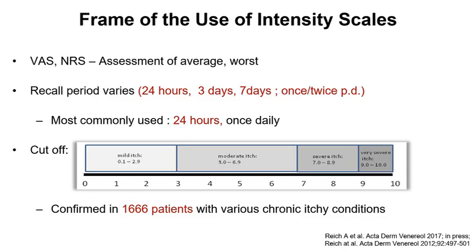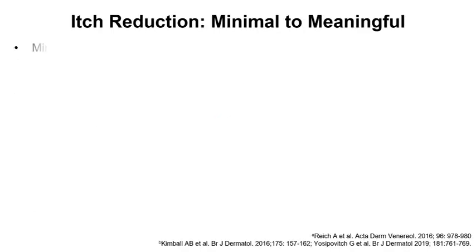Yeah, then it's the question, okay, I have a pruritus patient who tells me it's a 7, but where do I have to go with the patient? Do I have absolutely to go to 0, or what is a clinically important reduction? And here we have some studies on this.